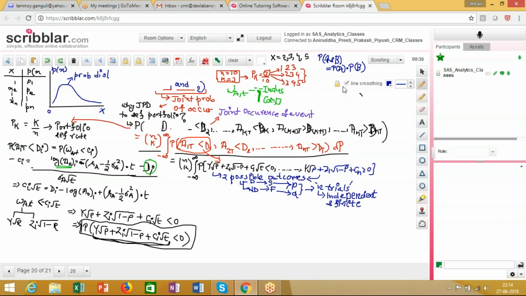Now, if the first k number of accounts go into default, then what will happen?